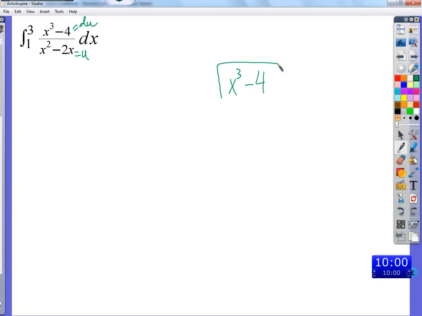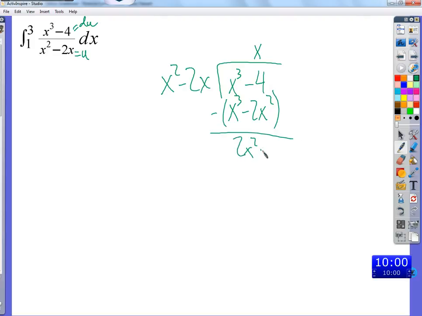There we go. Alright, divide that by x squared minus 2x. This we can divide by x. x cubed minus 2x squared. Whole thing.